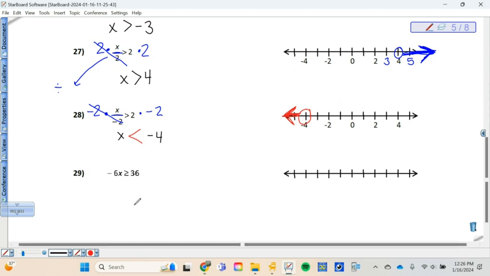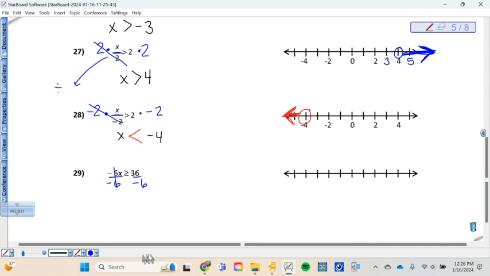Okay, 29. Somebody read that out loud for me. Yeah, is greater than or equal to 36. Good. What operation do you see? Multiplication. How do we undo multiplication? What do we have to divide by? -6.